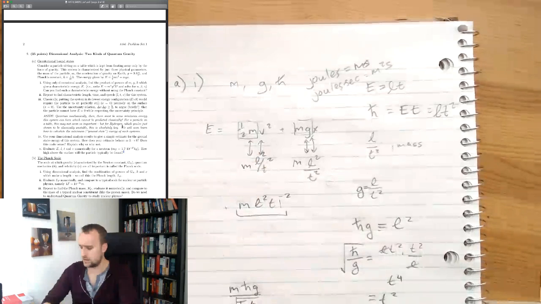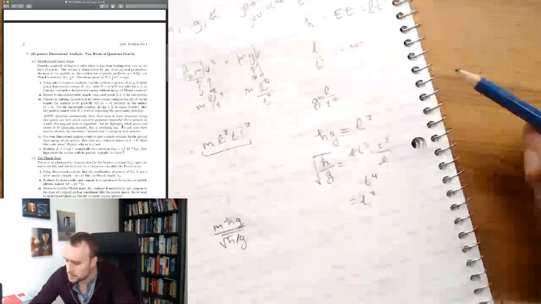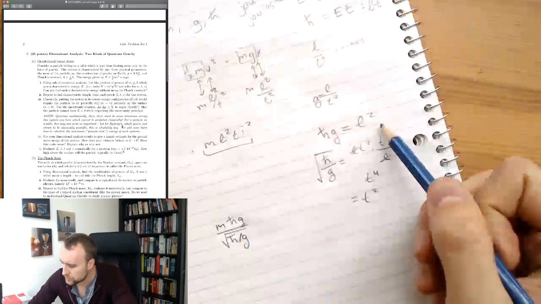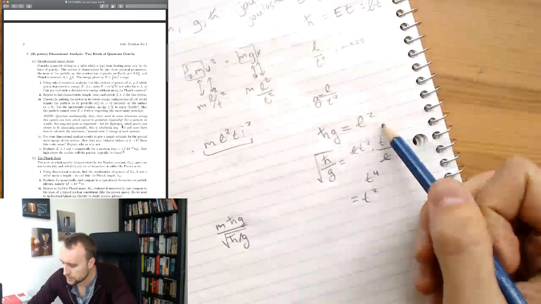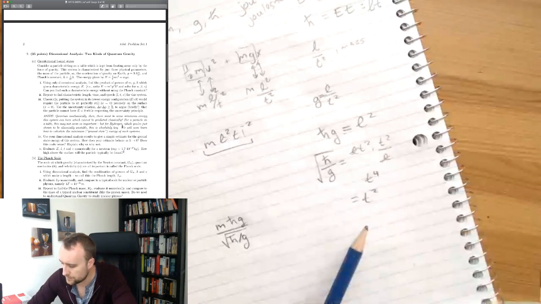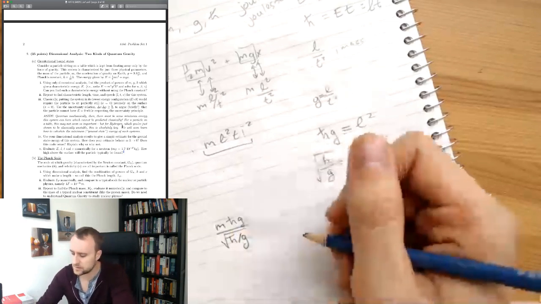G has, m has, this has units length squared, this is units length squared. This has units t squared. So if we have this times this times this, now we just need to simplify it.